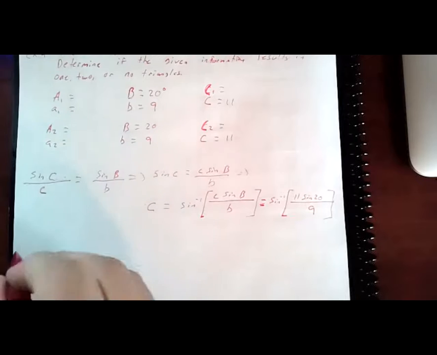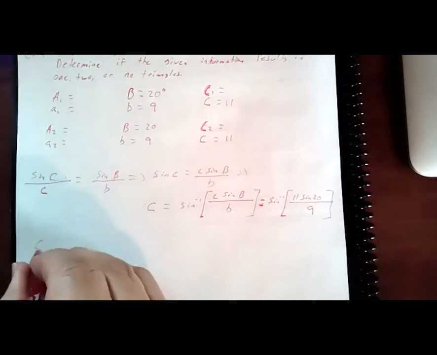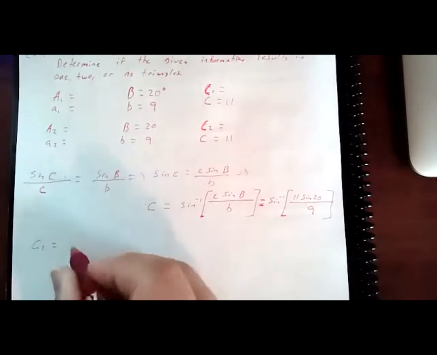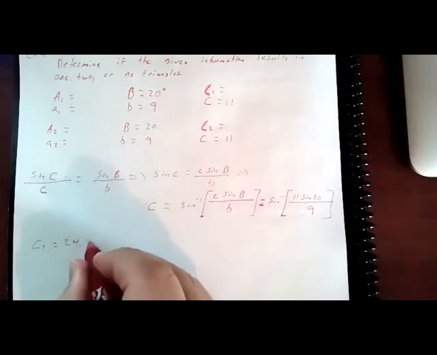All right, so what did you guys get for C? I got 24.7. All right, cool, that makes me feel better. So C1 is 24.71.